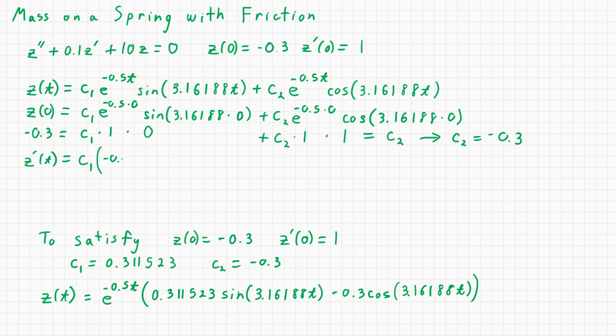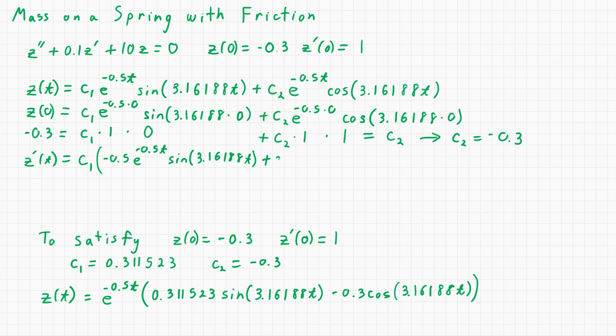We have negative 0.5 from the derivative of the exponential, and then e to the negative 0.5t times sine of 3.16188t plus the derivative of sine is positive cosine, and it's going to pop out a 3.16188 in front.